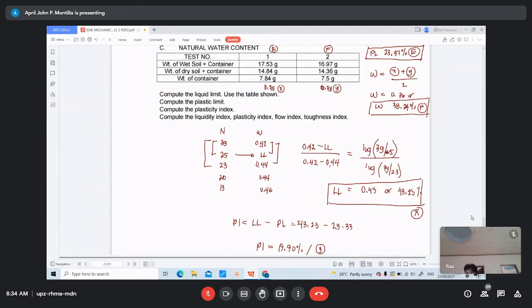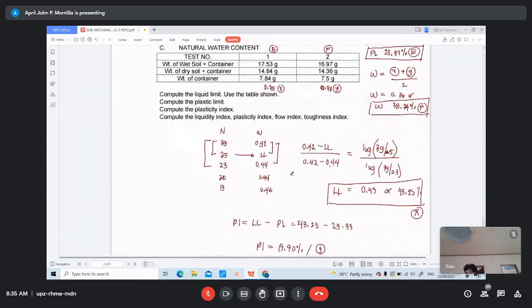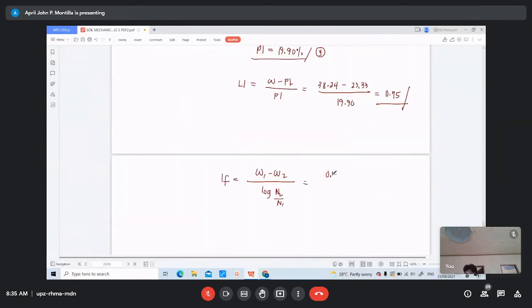Yun ay naka-store kay A at saka D. So, 0.42 minus 0.46 over logarithm of 13 over 39. So, what is flow index? Kindly compute.